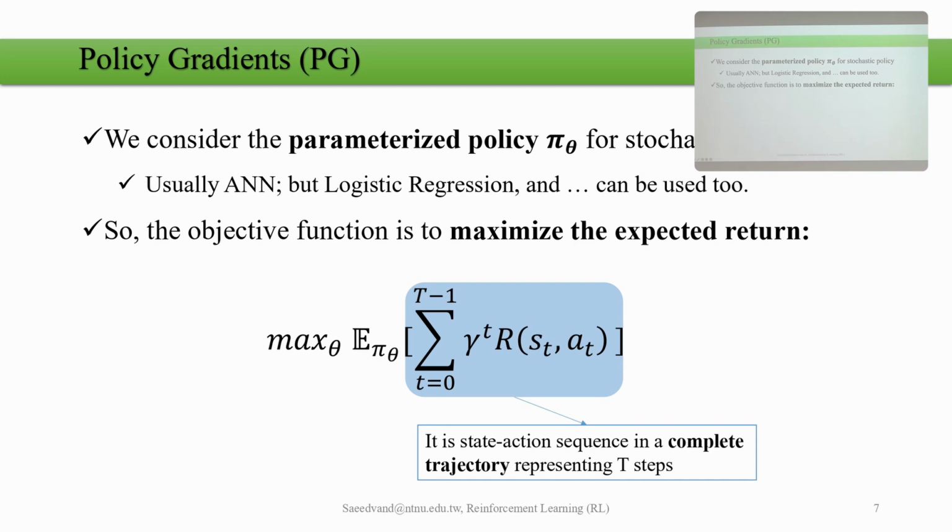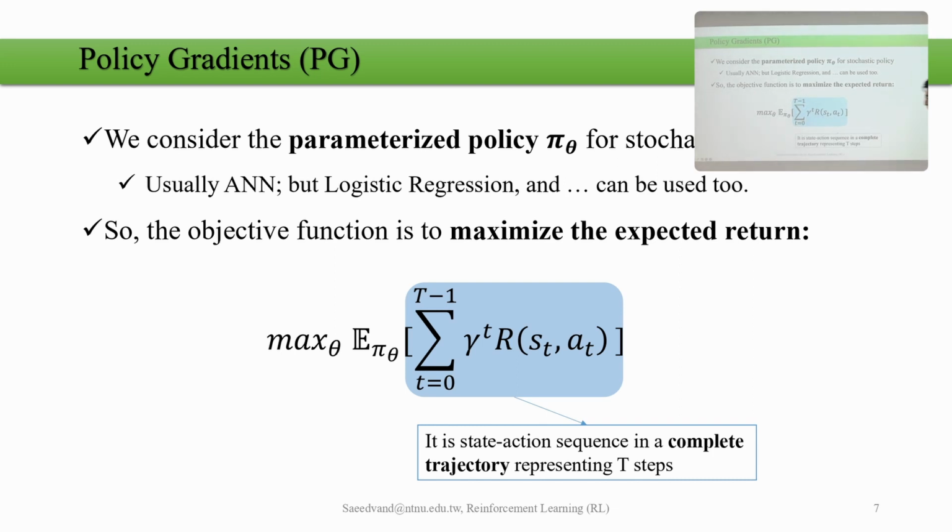So again, the objective function is to maximize expected reward, similar to what we've had already. What was the expected reward? We were calculating expectation. So we want to maximize the expectation of the objective function that we have. If you write the equation, it will look like this equation over here.